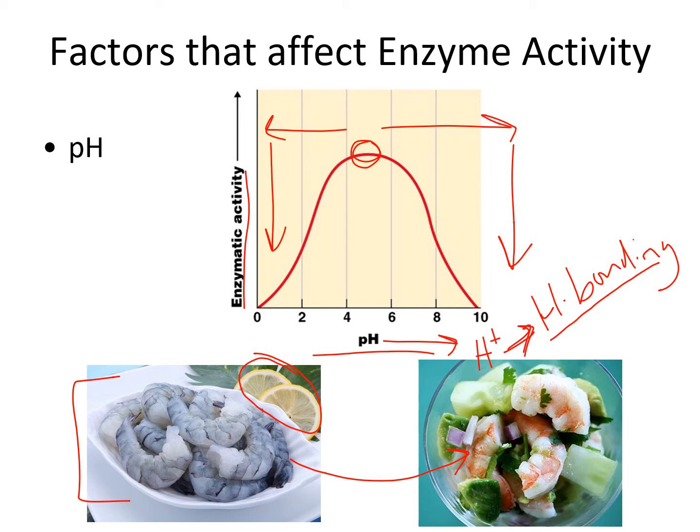So I've heard some people refer to this as that the acid, the lemon juice, cooks the shrimp. Well, of course, it's not cooking, it's not applying heat, but it is denaturing the proteins exactly in the same way that increasing temperatures would. So decreasing pH will denature proteins, increasing pH will do the same thing.